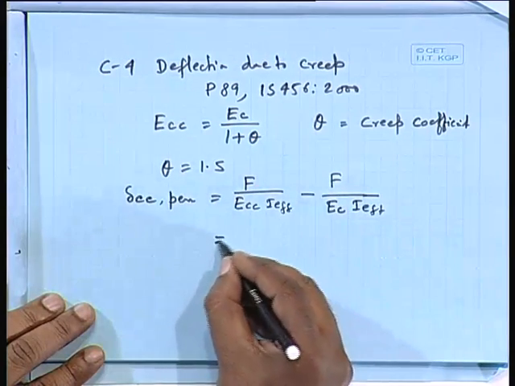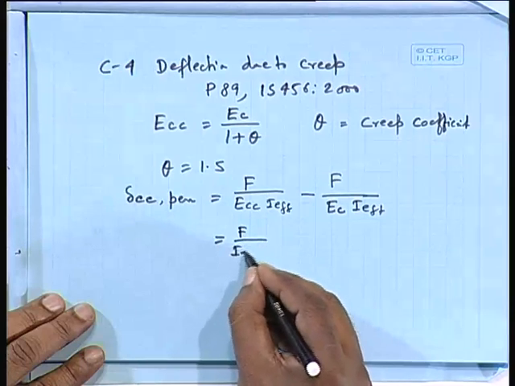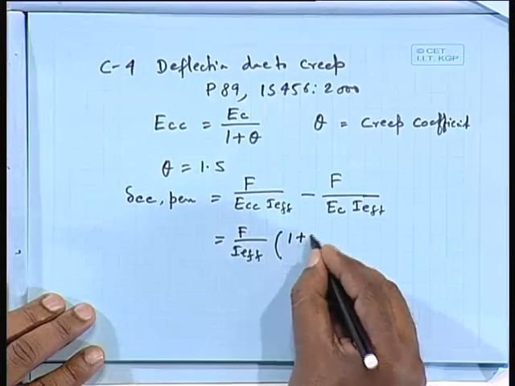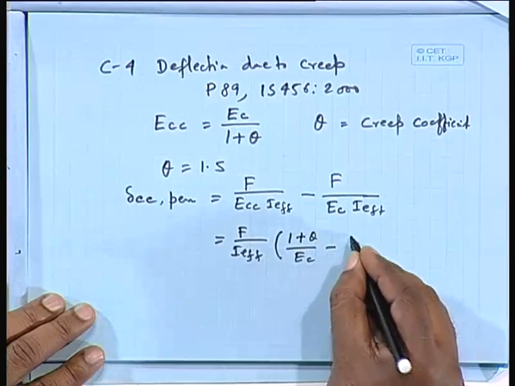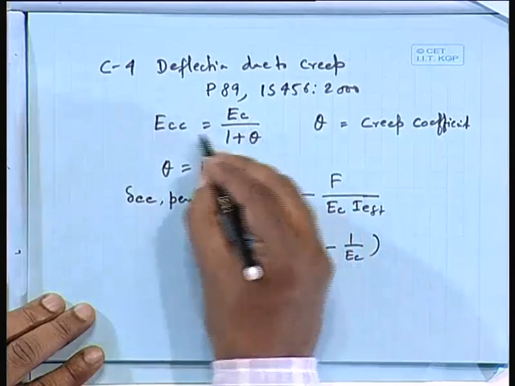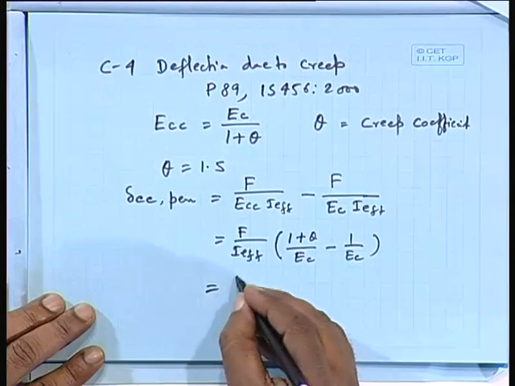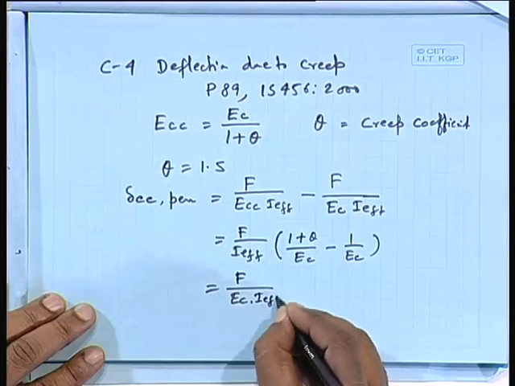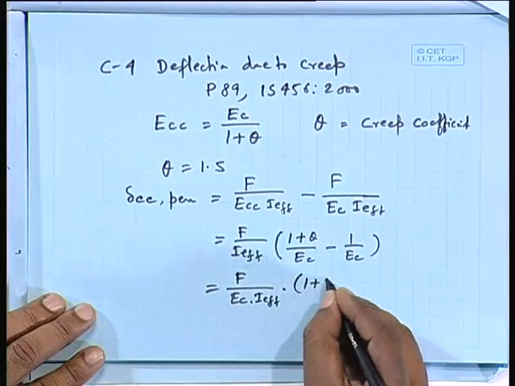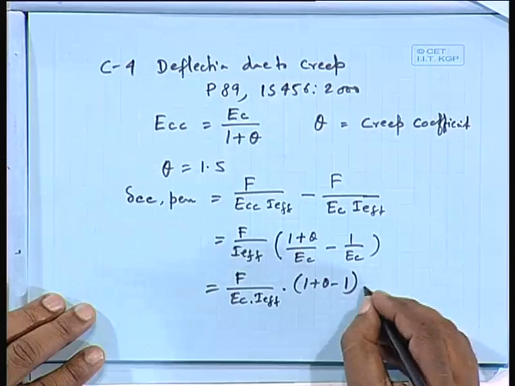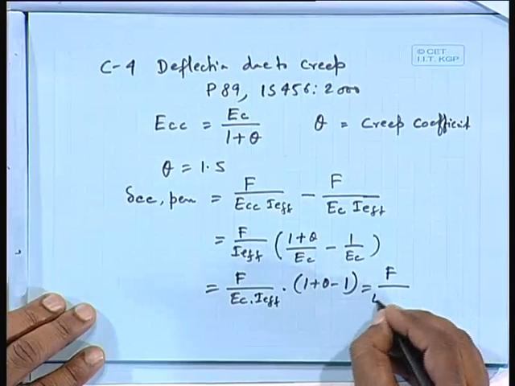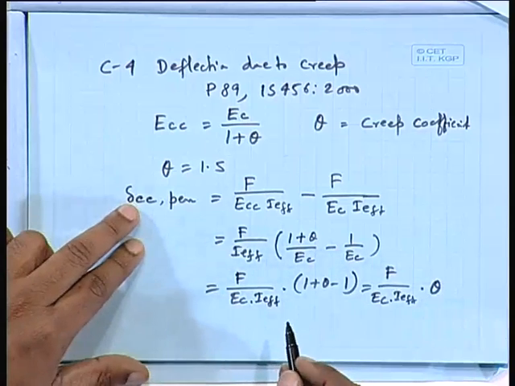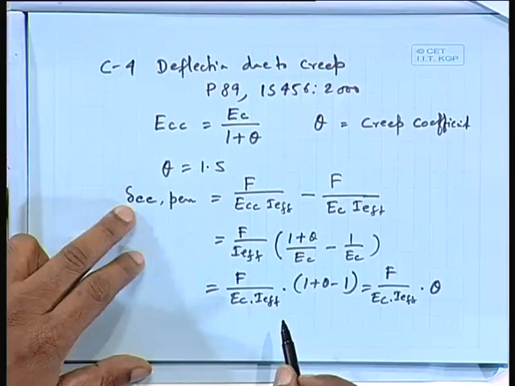So, we can write this as F by I effective times 1 plus theta by EC minus 1 by EC, which comes as F by EC I effective times 1 plus theta minus 1, equals F by EC I effective times theta. That means only due to creep, we can get this value.